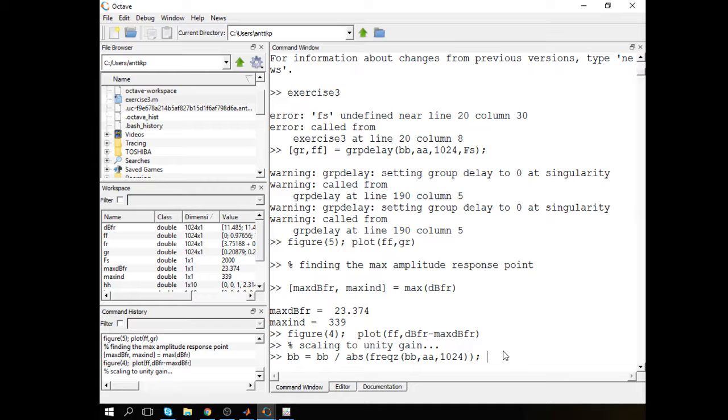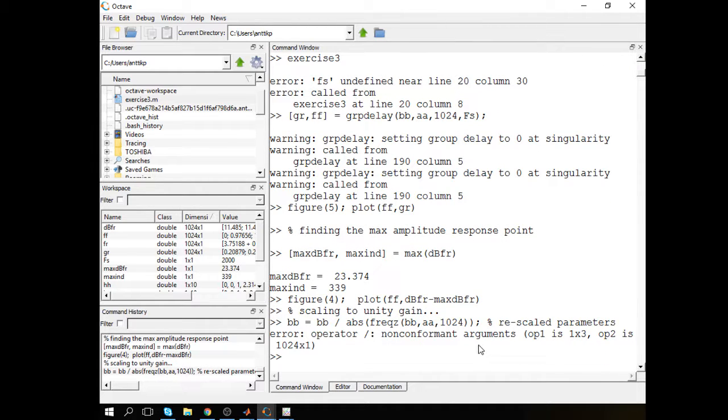There. Rescaled parameters. Oh, what? What happened here? Oh, haha. Maximum value. Maximum amplitude response.